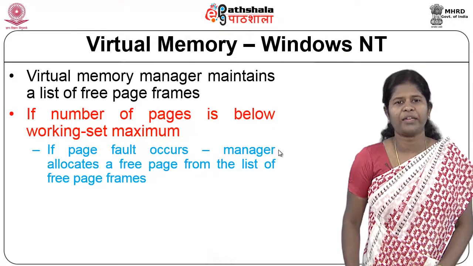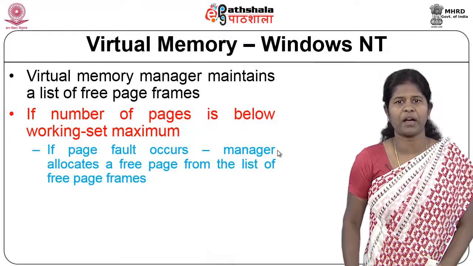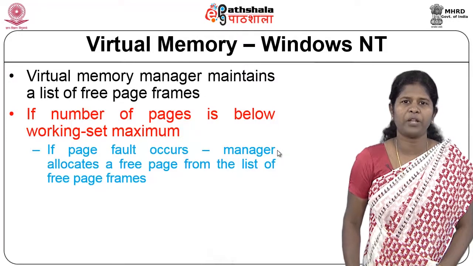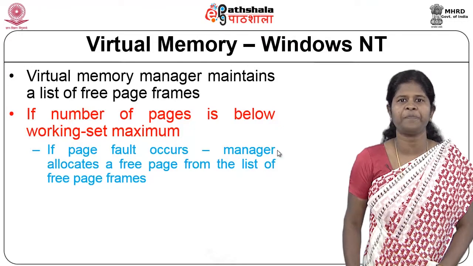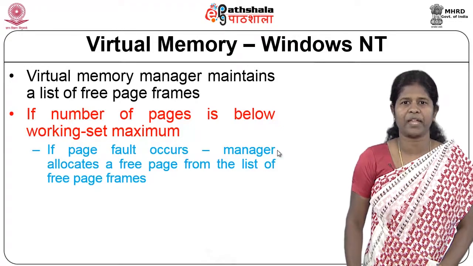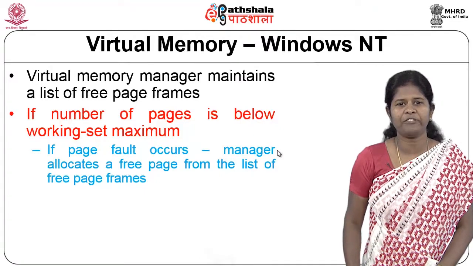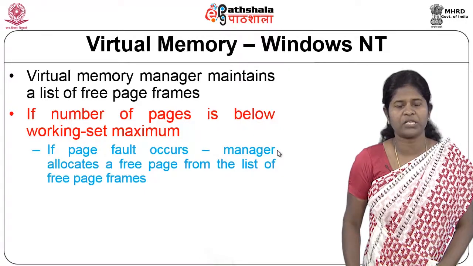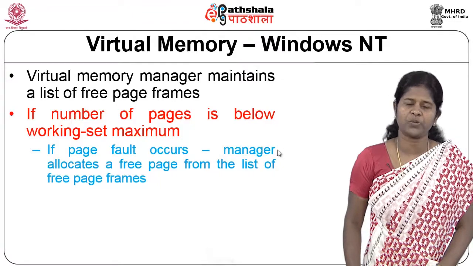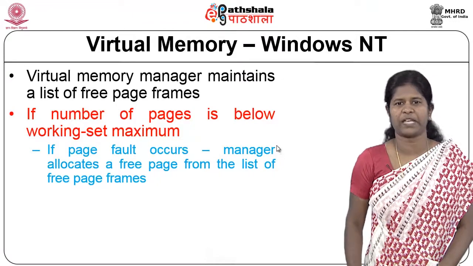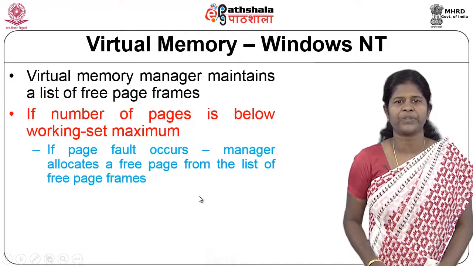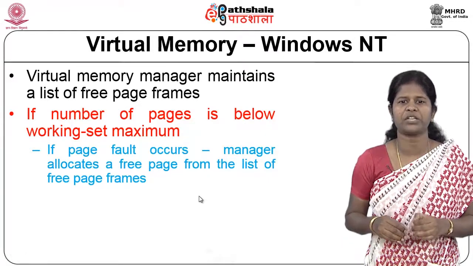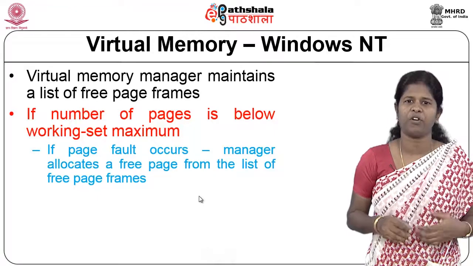Now, if the number of pages for a particular process goes below the working set maximum, as in the example where 20 is the maximum number of pages that can be assigned, and the process has fewer than 20 physical frames, and a page fault occurs for that process, the virtual memory manager will allocate a free page from the list of free page frames for this process.